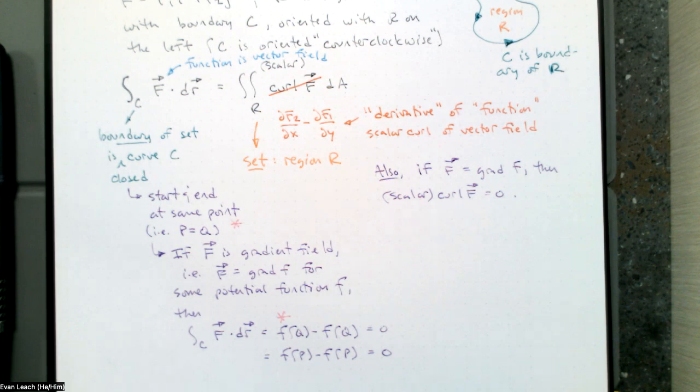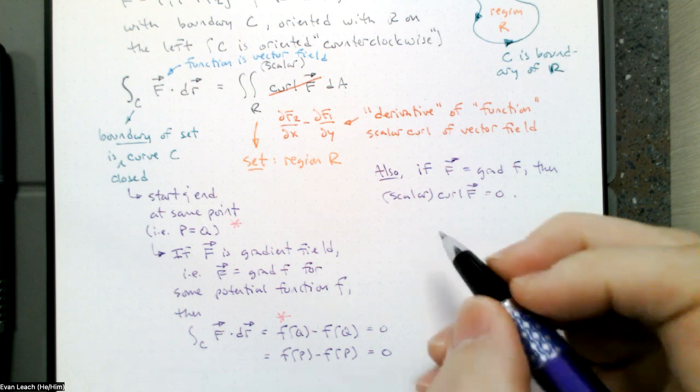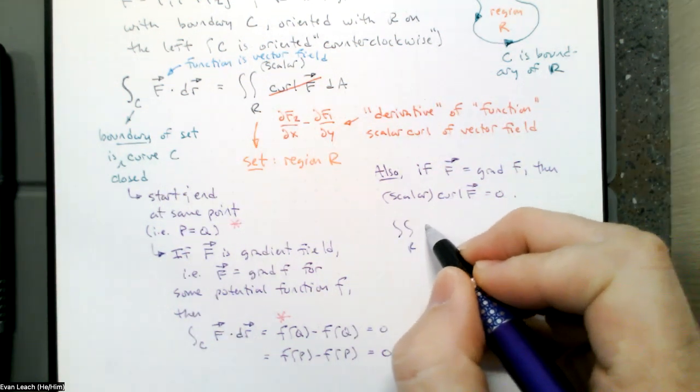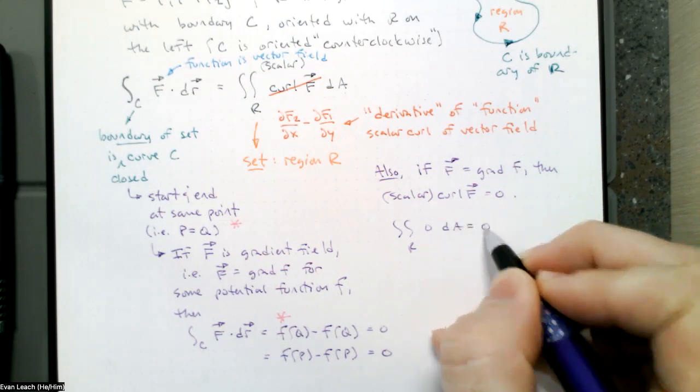If we're looking at a gradient field, that means there's a potential function. That means the mixed second partials will be equal, and so the scalar curl will be equal to 0. That is a way of finding out if we have a gradient field. And so our double integral over the region will be of 0 dA, and that'll be 0.